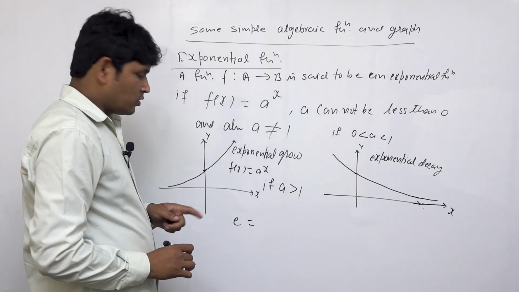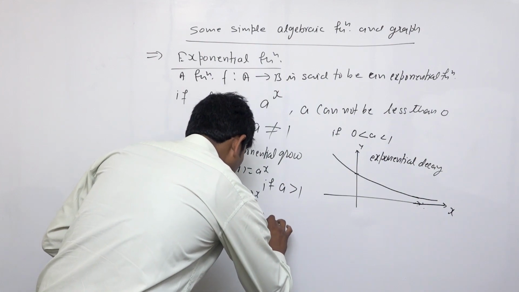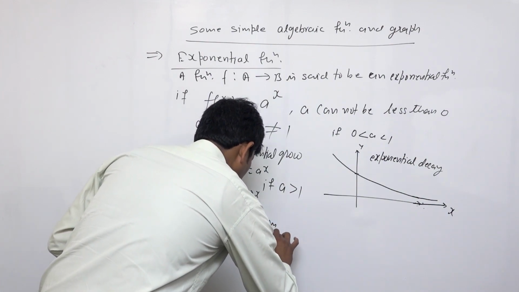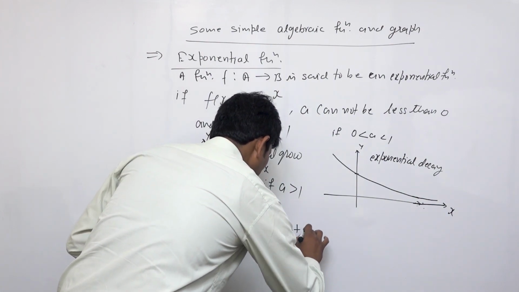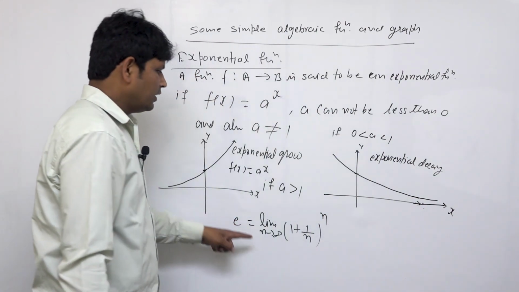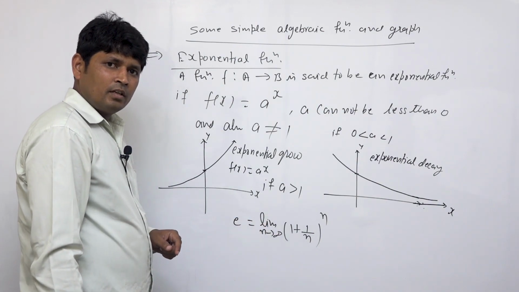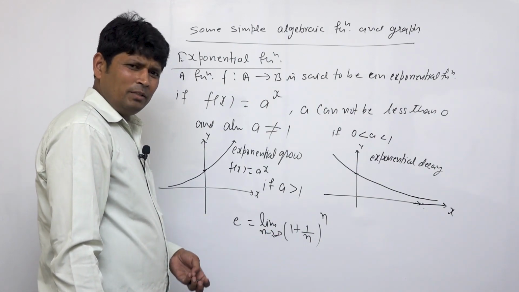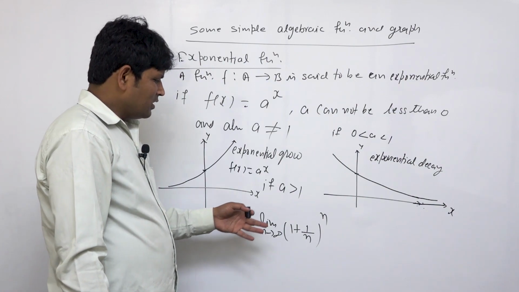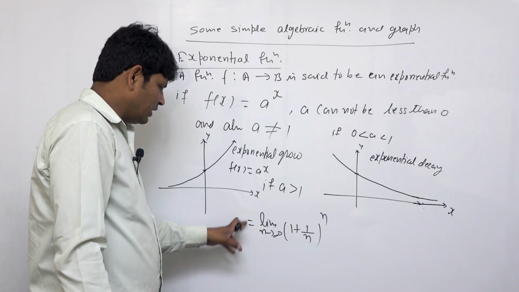If you know limits, you can define it: the limit as n tends to infinity of (1 + 1/n)^n is called e. Its value is approximately 2.71 to 2.72, between them the value of e lies.